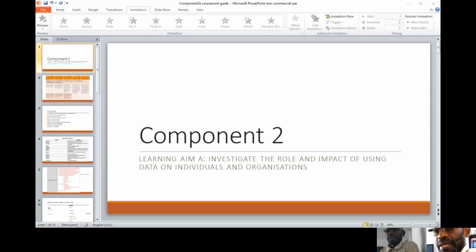The learning aim is to investigate the role and impact of using data on individuals and organizations, and to achieve your required grade. This is what you are meant to cover in order to achieve the required grade.